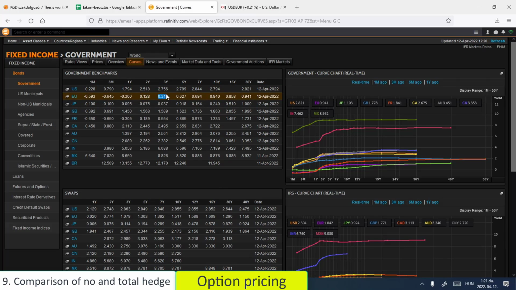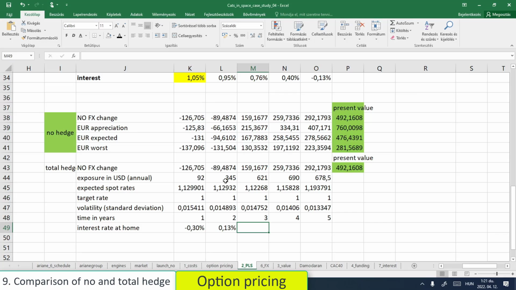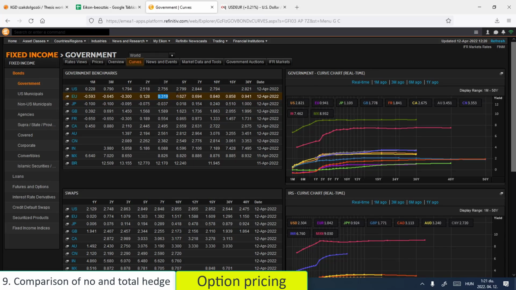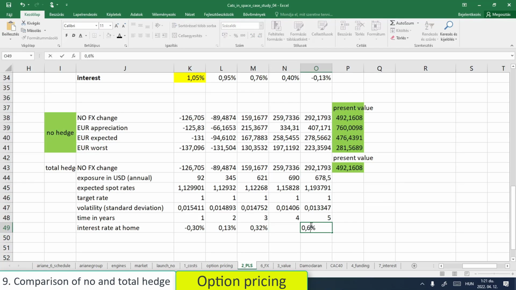It's terrible. 0.3. It's so biased by central banks. And 0.63.